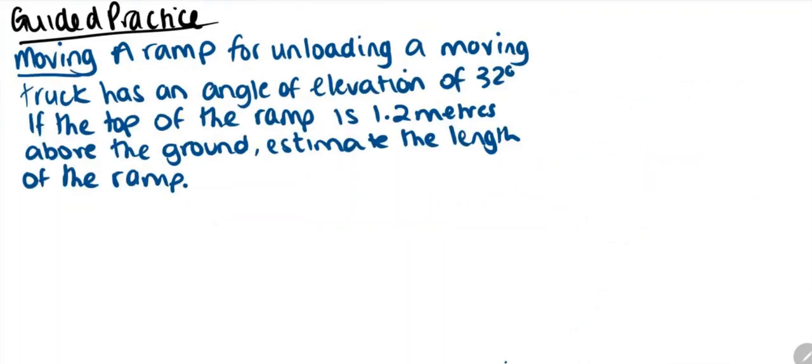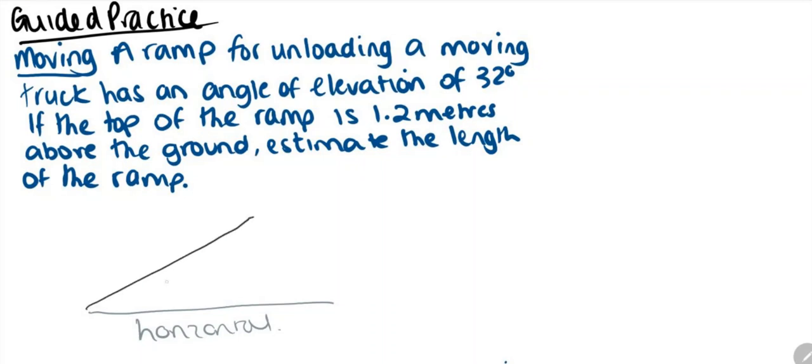Right, guided practice, moving. A ramp for unloading a moving truck has an angle of elevation of 32 degrees. If the top of the ramp is 1.2 meters above the ground, estimate the length of the ramp. So this is our ground. This is horizontal. And then we have a ramp up to our truck with an angle of 32 degrees.